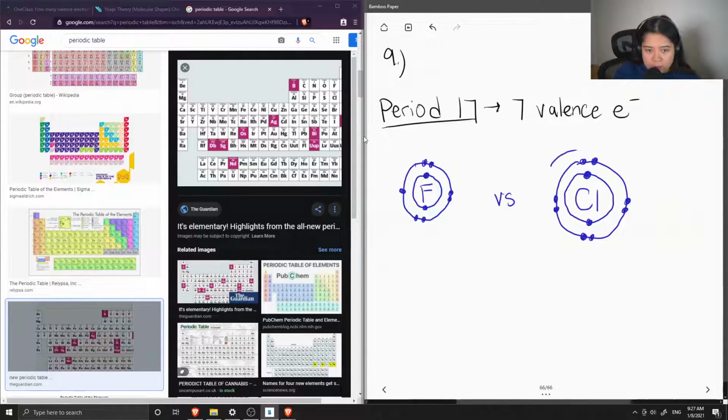And now when we draw out our third shell, we've drawn 10 electrons so far, so chlorine has 17. So we just need 7 more.